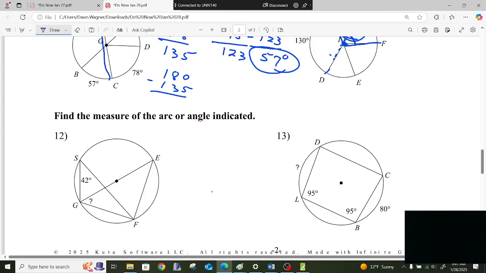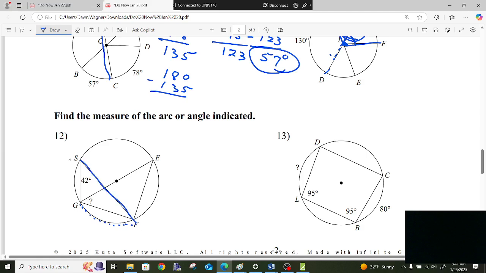Okay, over here, it's asking find the measure of the arc or angle indicated. And I do have a diameter. Here's a diameter, right? So this side is 180. What's this arc measure over here? Do I know? Can I figure that part out?